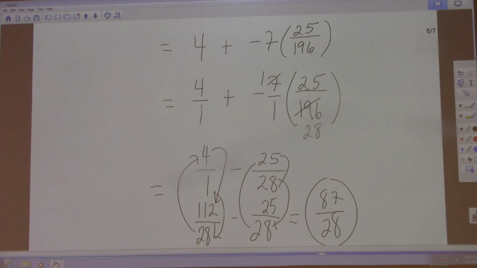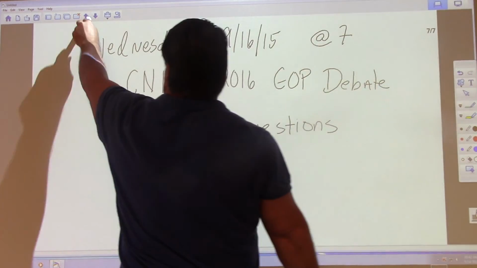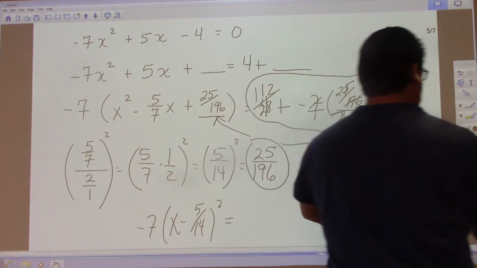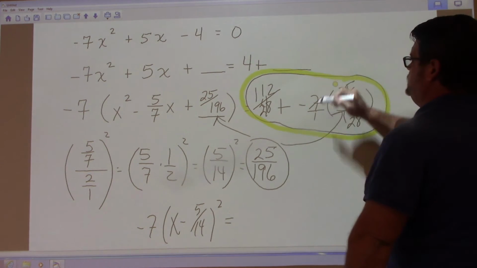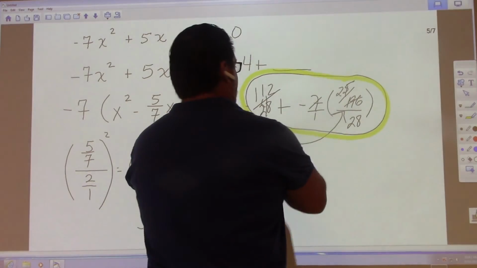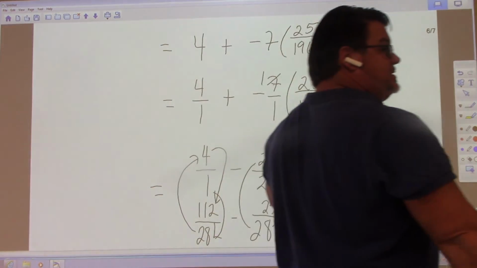Now, I'm going to go back here. Are there people that have problems right here? I would say there's probably 8, 9 people in here, 3 of you have problems right here. Then you need to start, instead of writing it like this, you need to write the right side of the equal sign.